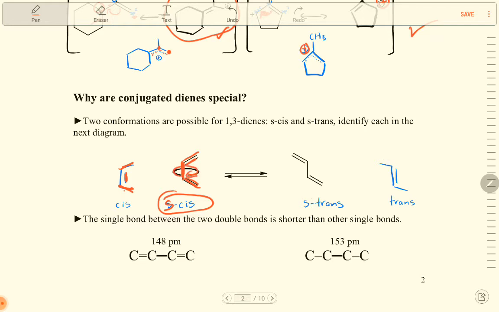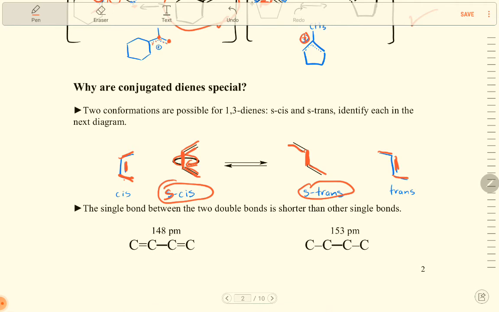S-trans, and you know the trans, one is on one side, another one is on the other side, and there is a double bond in between. But in here, S-trans means there is a single bond here. The double bond is on one side and the other double bond is on the other side, so that is S-trans. Alright, the single bond between two double bonds is shorter than the other single bond.